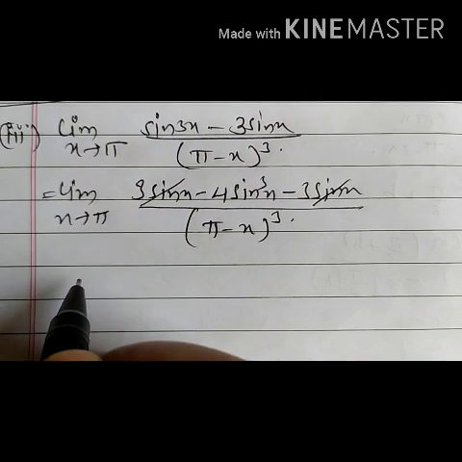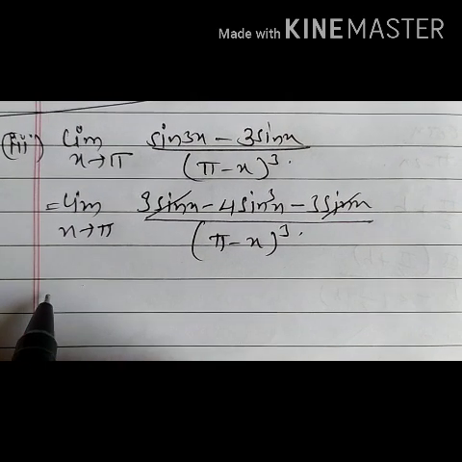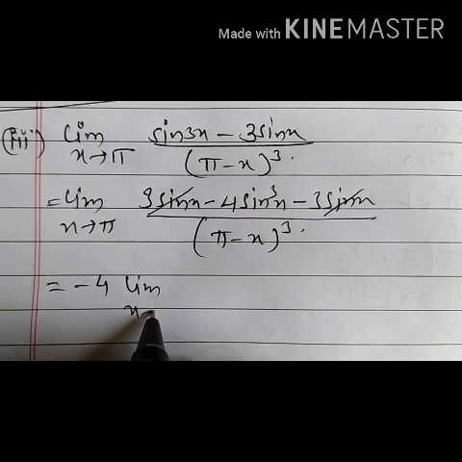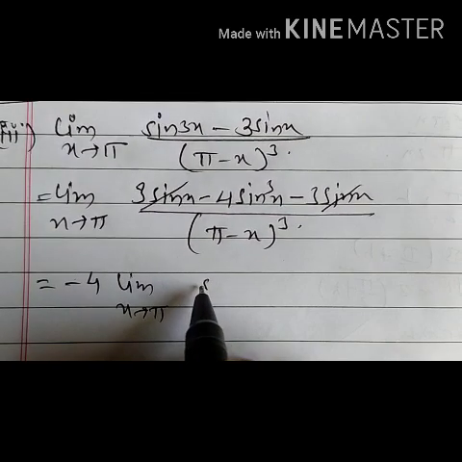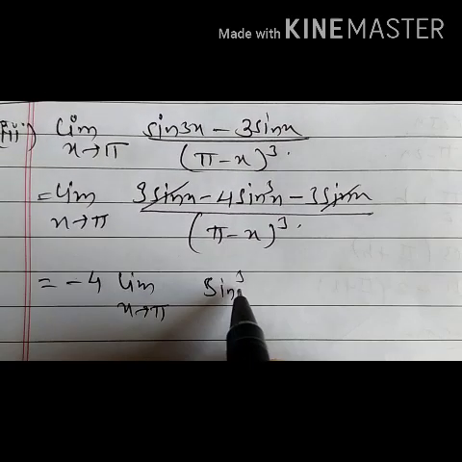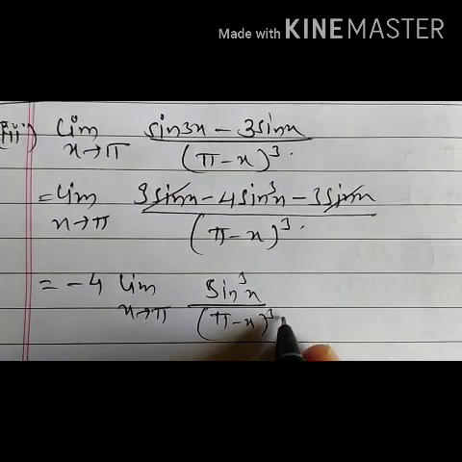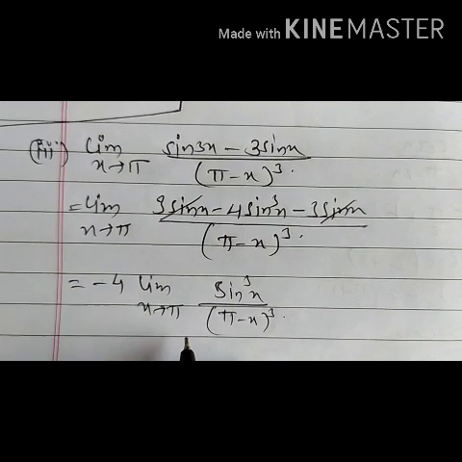Now we can write here minus 4 times the limit as x tends to pi of sin cube x upon pi minus x cube. Now we'll put x equals pi plus h.